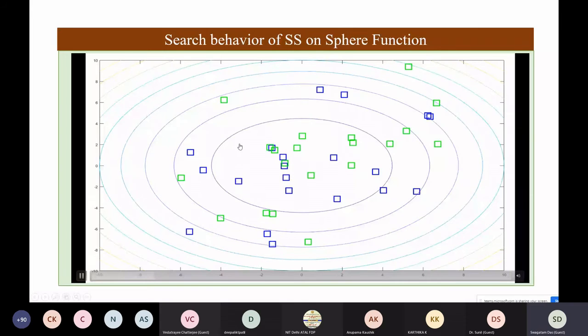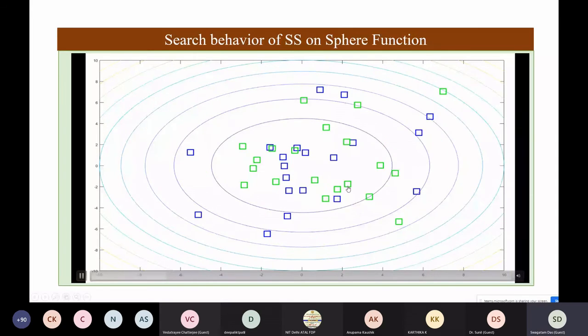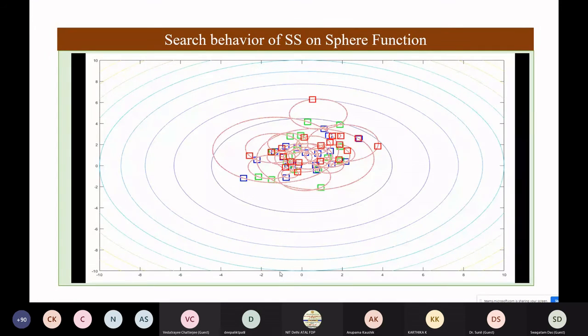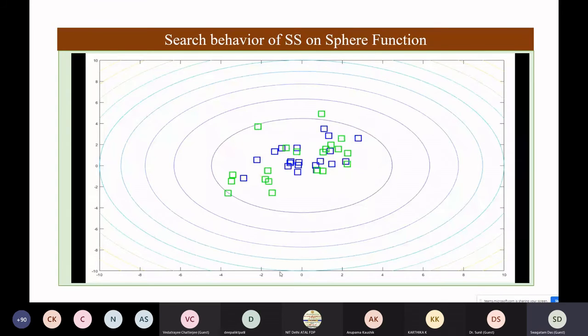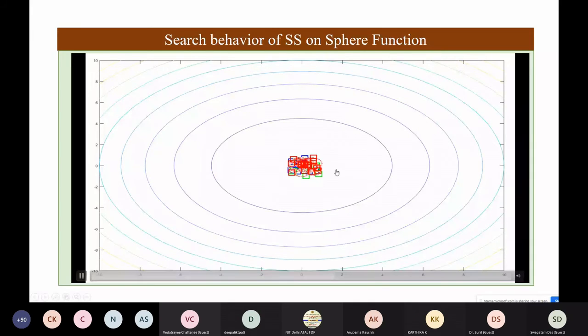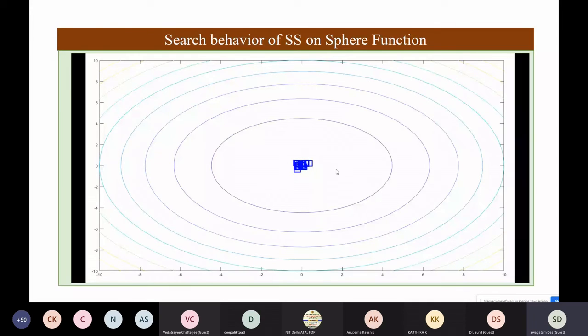Gradually it is converging towards the central portion of the search landscape, until most of the points just converge. That's the convergence. Okay. So you see the spheres are also gradually reducing in size because of the small step size parameter and damping.